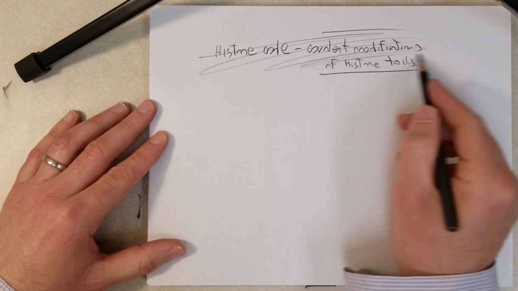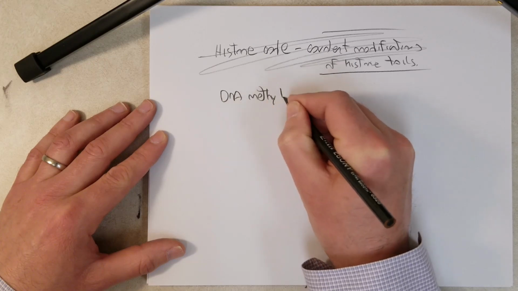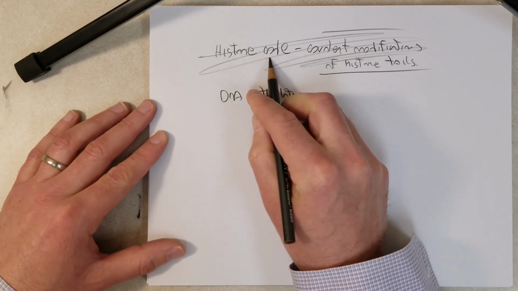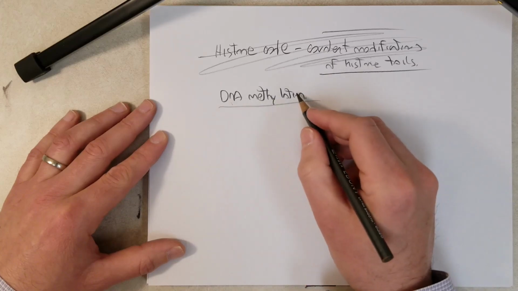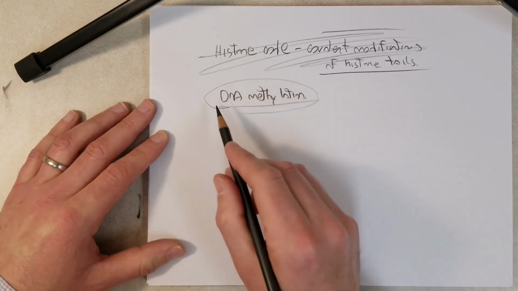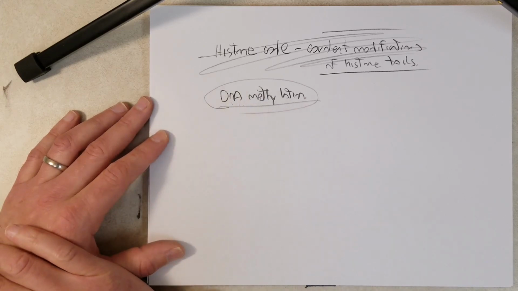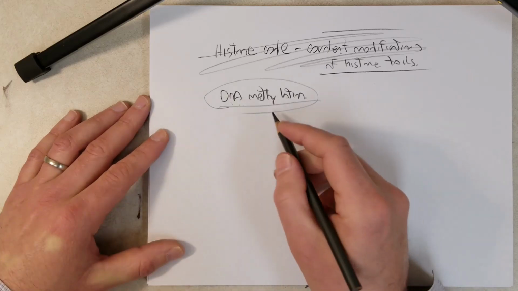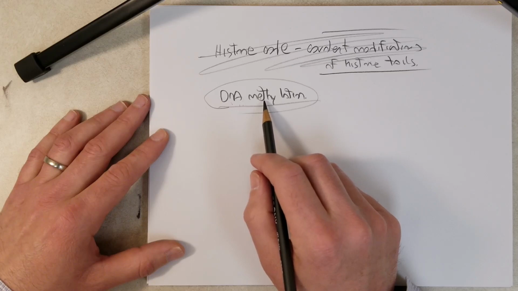So that's one possibility. Then there's DNA methylation, which we also talked about, with respect to CpG islands, in the last video. So those marks, the DNA methylation, are a type of mark that can be retained throughout the life of the organism. Now we're going to look at an example of how DNA methylation can lead to a phenotype change.